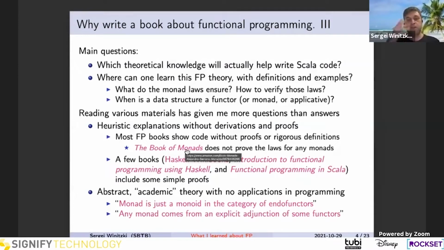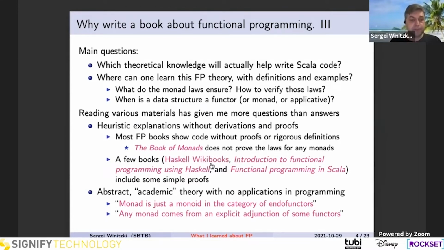So for instance, there is a state monad or continuation monad or some other such monad, and it shows those monads and how to code them, but it doesn't prove that they satisfy the laws of the monads. And to me, this was a first question. So is this correct? How do I know that?